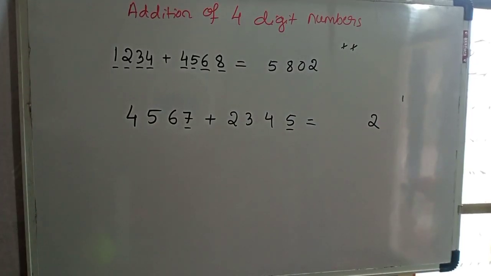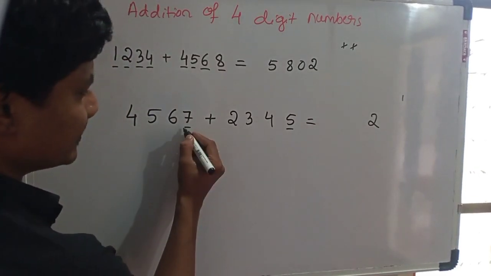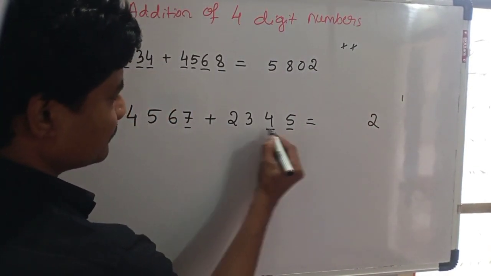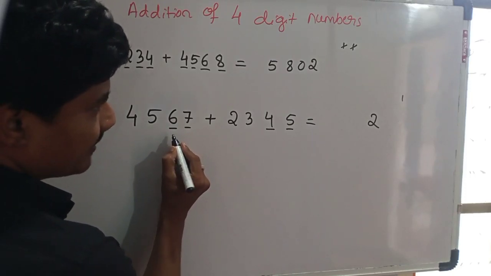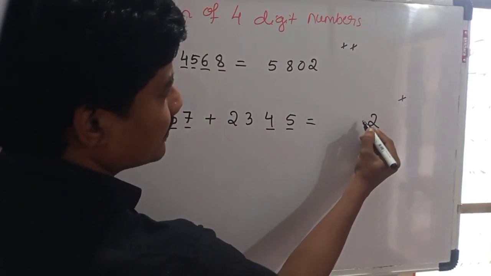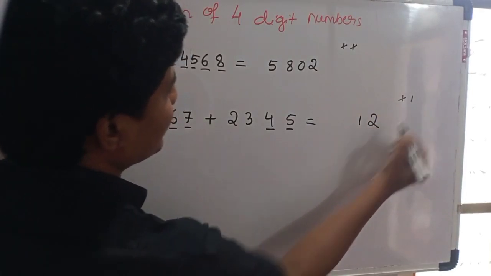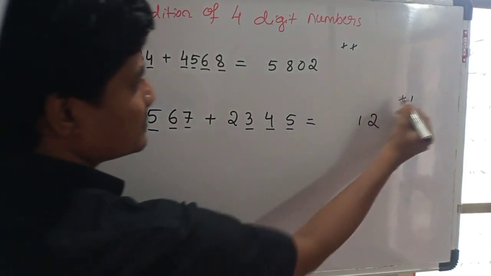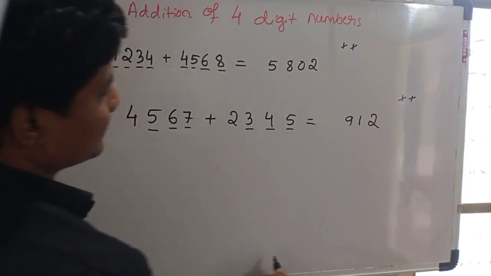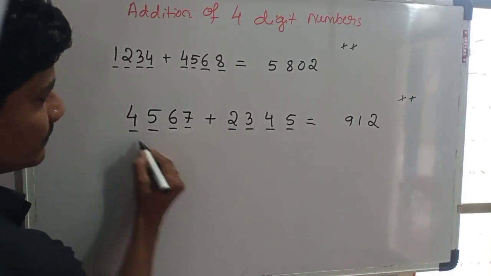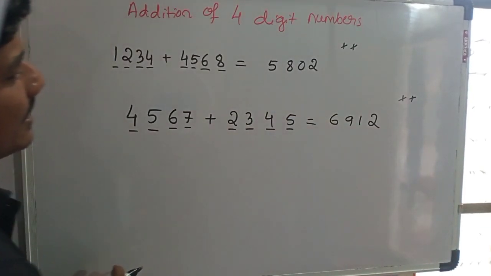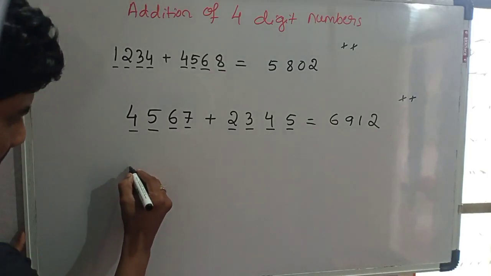Carry 1. 4 plus 6 is 10, 10 plus 1 is 11. Carry 1 again. 3 plus 5 is 8, 8 plus 1 is 9. 2 plus 4 is 6. 6912 is the answer.